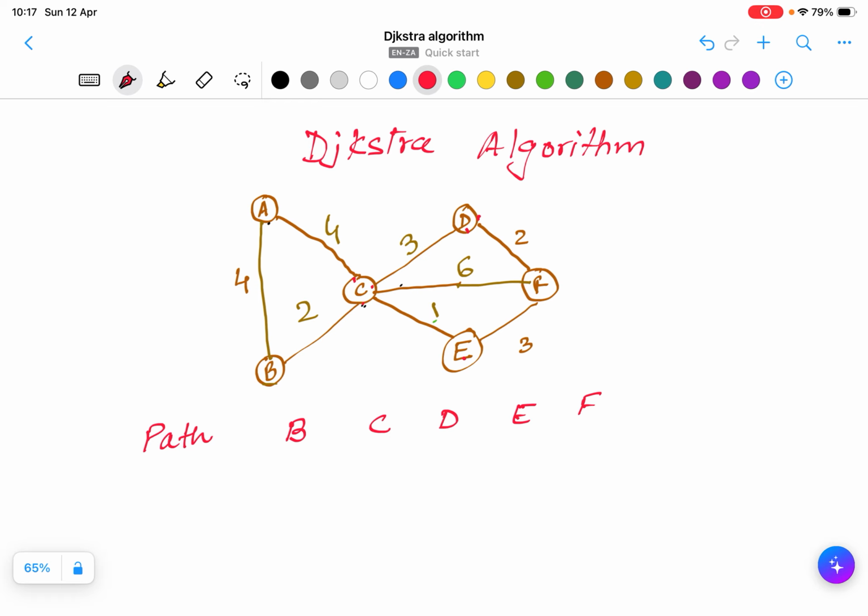Okay. So the first node, from where we will start, will be A. So we'll write it here.